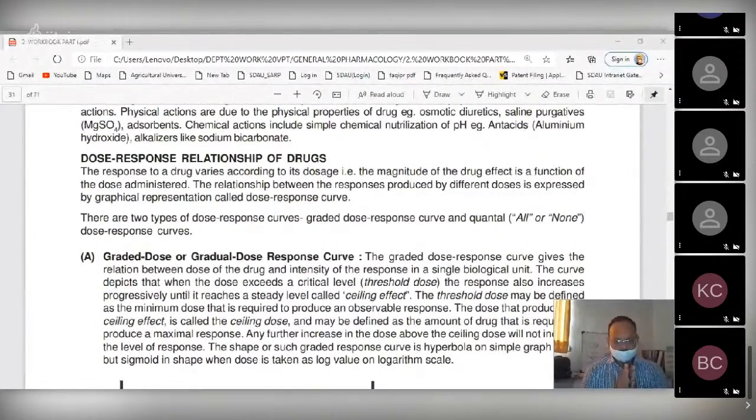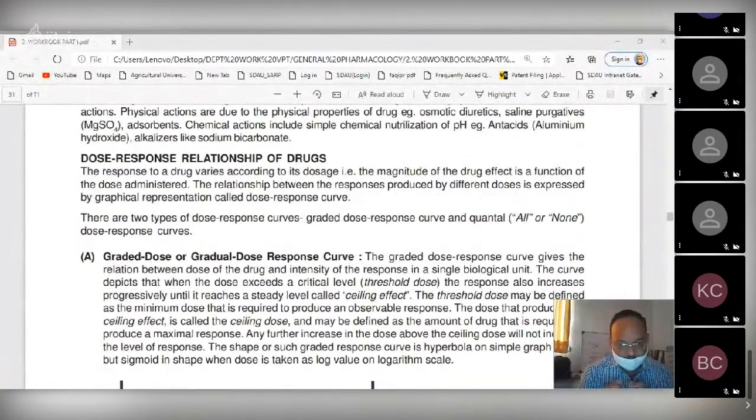This is a clear-cut phenomenon. If you take one tablet of paracetamol, two tablets, or three tablets, you will get a variable therapeutic response. Now, this is the individual study, but if you give paracetamol to 1,000 people, again the same dose will produce a variable response. So it is very complex to understand the dose response relationship of a drug.